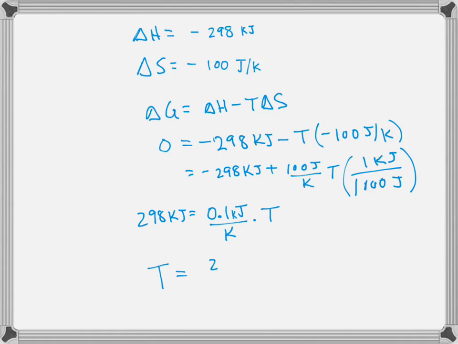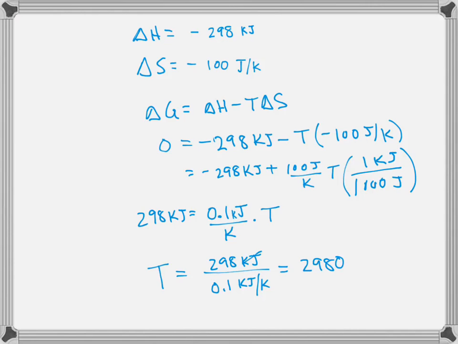Temperature will equal 298 kilojoules divided by 0.1 kilojoules per Kelvin. We should get 29. No, other way. Did I do that right?